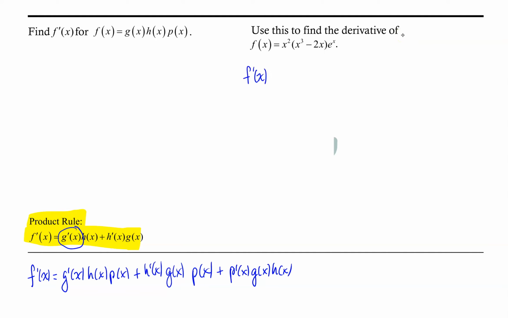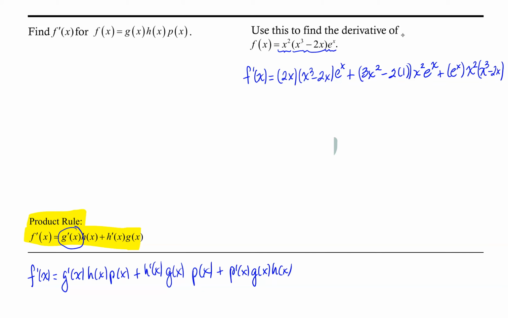So f prime of x will be the derivative of our first factor, which is 2x, times the remaining two factors in their original form, plus now the derivative of our second factor, which is 3x squared, using the power rule, minus 2 times 1, times the other two factors in their original form, and then plus the derivative of our third factor, our e to the x, which is e to the x, times our original two factors, x squared and x cubed minus 2x.